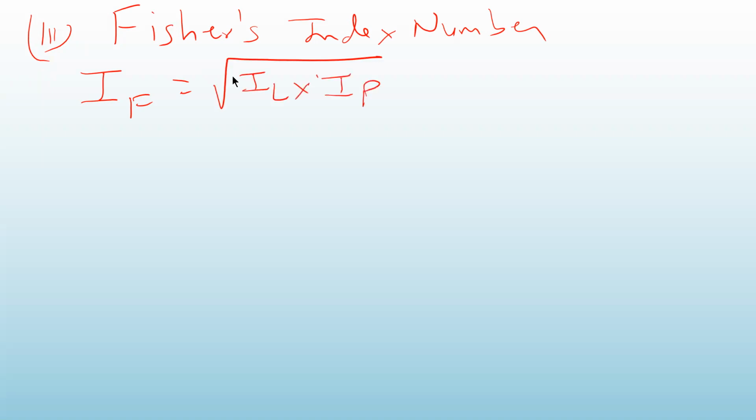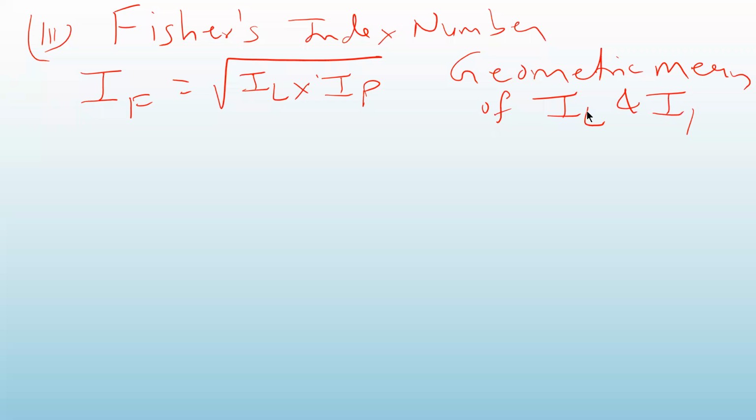If you multiply two numbers and take the square root, it is called the geometric mean of the two numbers. So IF, that is Fisher's index number, is the geometric mean of IL and IP.